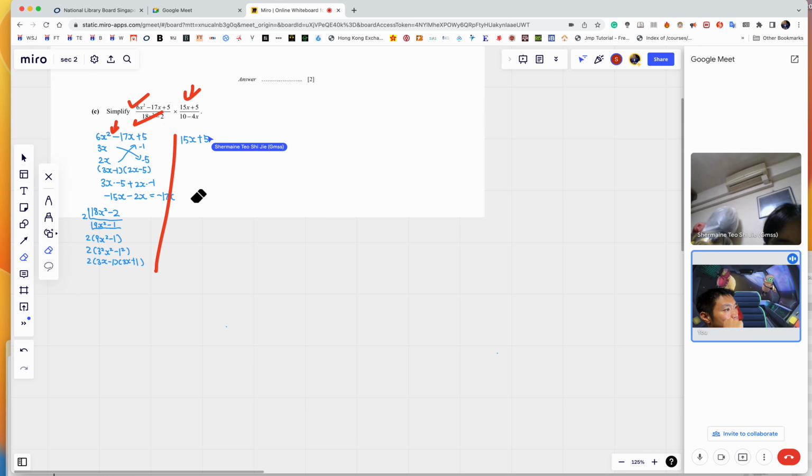That's how you arrange. Wait, stop using this splitting method already. Use the HCF. Okay, done.